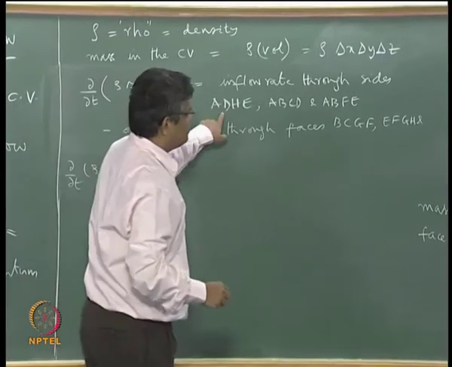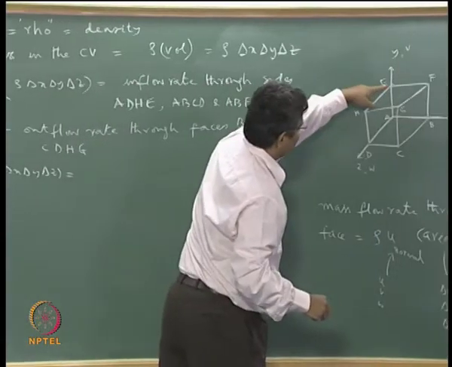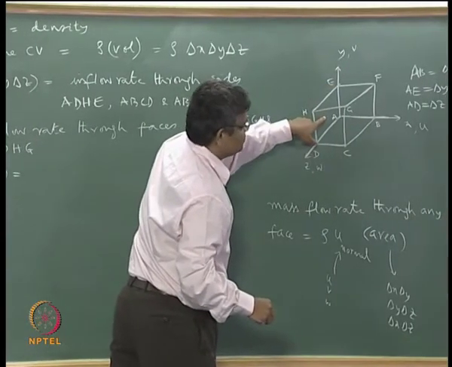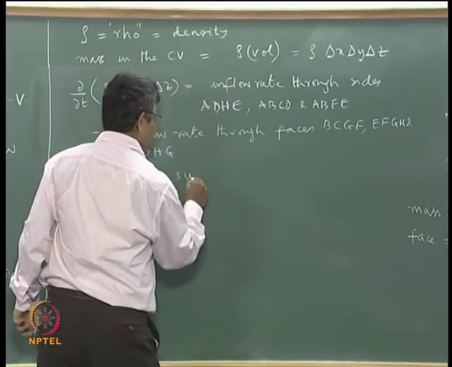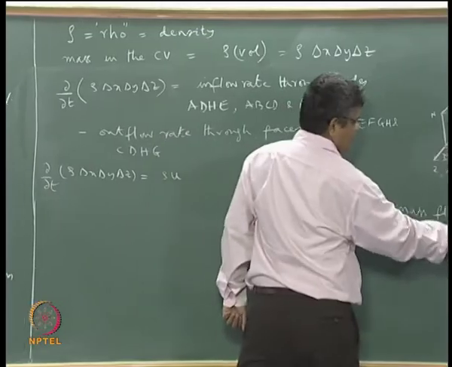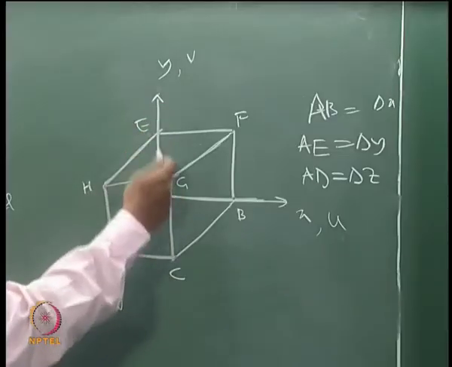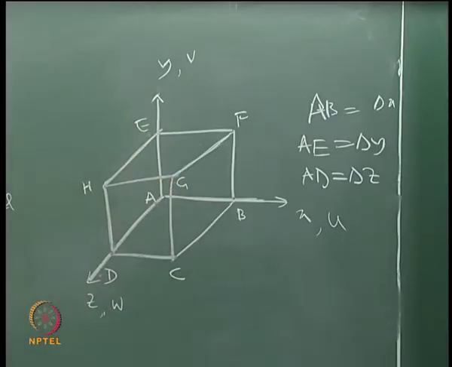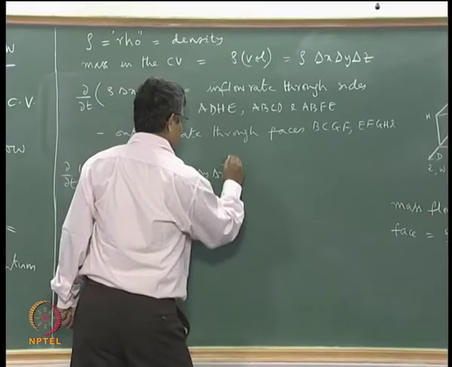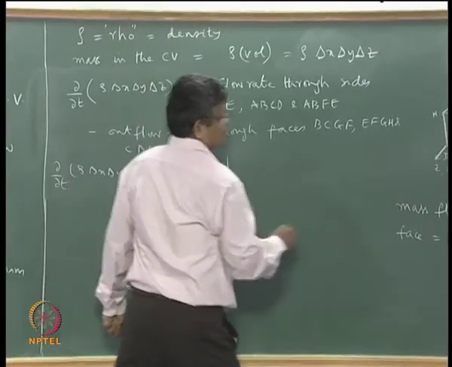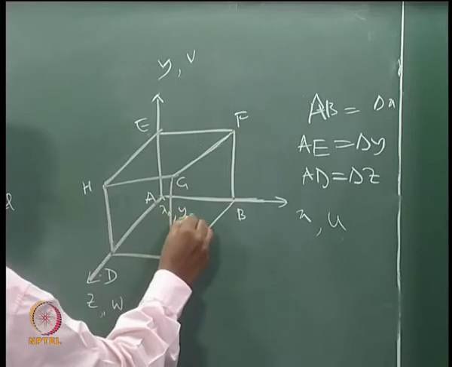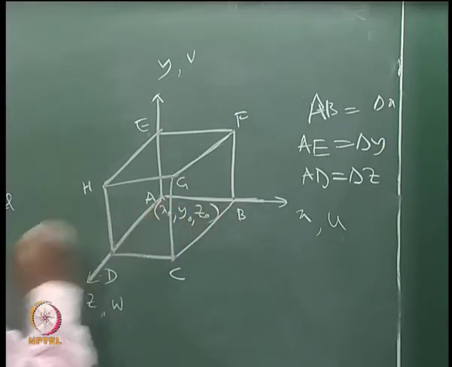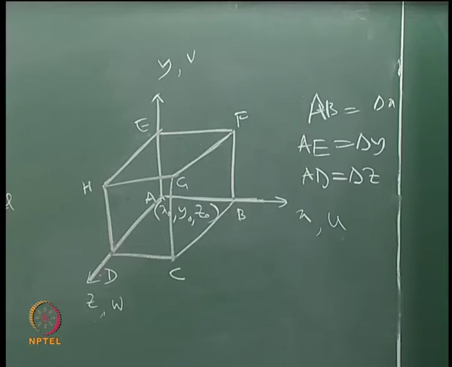Now through ADHE the velocity component normal to this plane is u, so that is rho times u, and the magnitude of the area is delta y times delta z, and all these are evaluated at x naught, where the origin is at x naught, y naught, z naught.